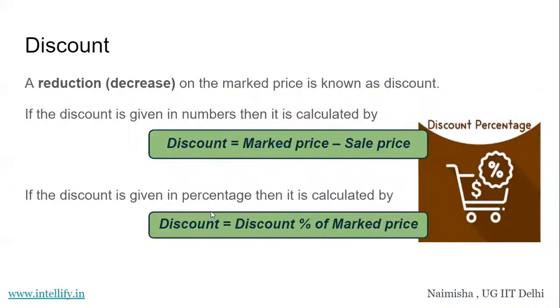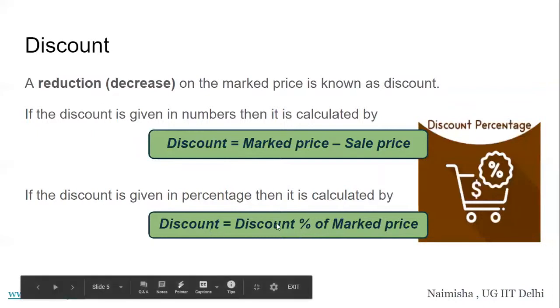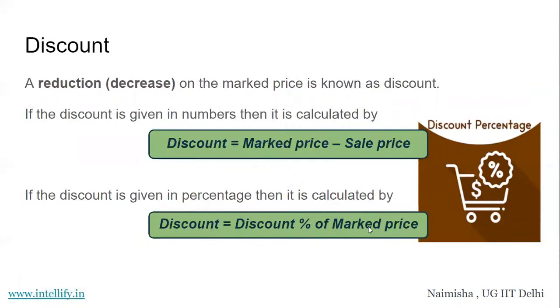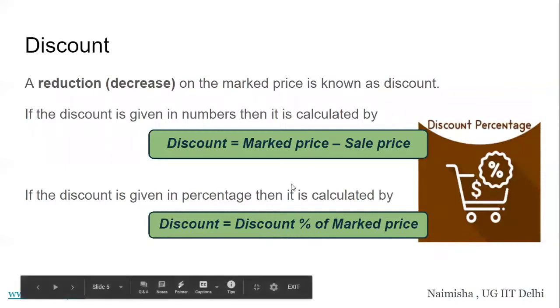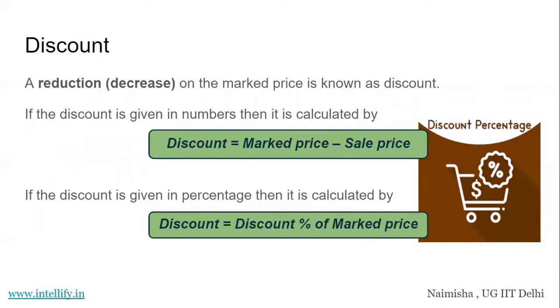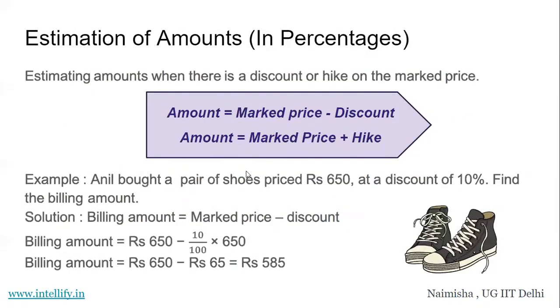If the discount is given in percentage, then it is calculated by discount equals discount percentage of the market price. We see in shops, during sales, they say 50% discount, 25% discount and all. These are applications of discount.